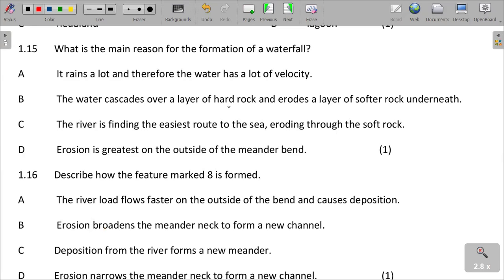So for number 15, the main reason for the formation of a waterfall is B, which refers to water cascading over a layer of hard rock and eroding a layer of soft rock underneath. I'm sure we have seen some structures like this.